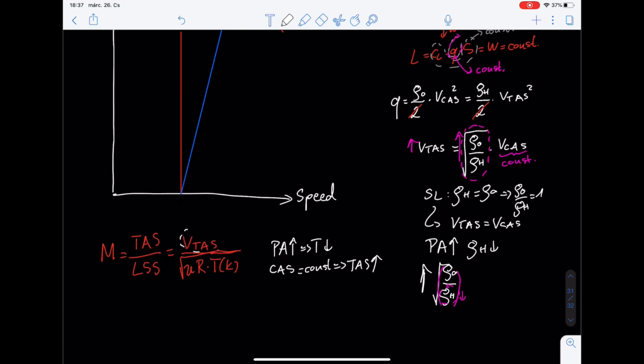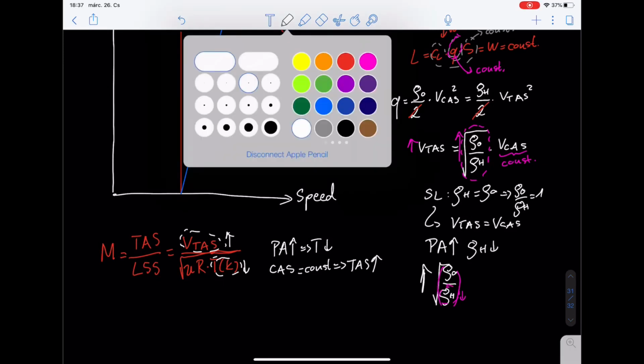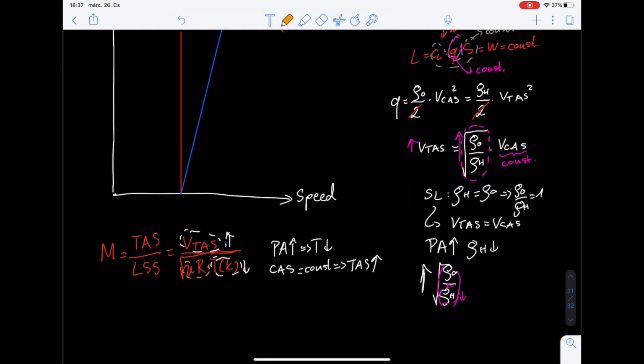So the true airspeed increases and the temperature decreases. Then we can presume that kappa and R, the gas constant, are both constant. Therefore the entire denominator is going to be decreasing and the true airspeed is increasing, which leads the entire Mach number to be continuously increasing as the pressure altitude is increasing, right?